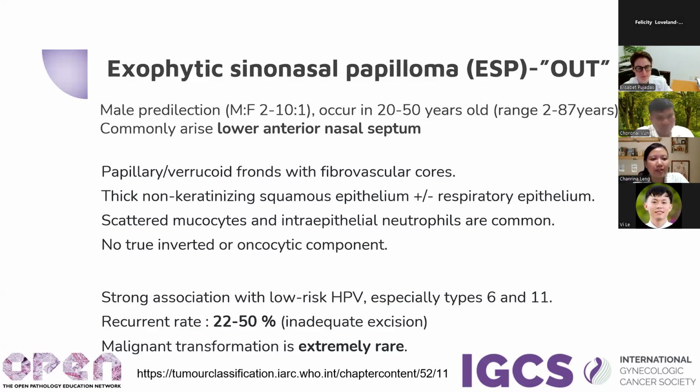The microscopic feature of this papilloma is a papillary or verrucous frond with a fibrovascular core, and the epithelium that covers the fibrovascular core is a thick layer of non-keratinizing squamous epithelium that can mix with respiratory epithelium. There are also some scattered mucocytes and intraepithelial neutrophils in this type of papilloma, and we also need to be sure that it doesn't have any inverted or oncocytic component.